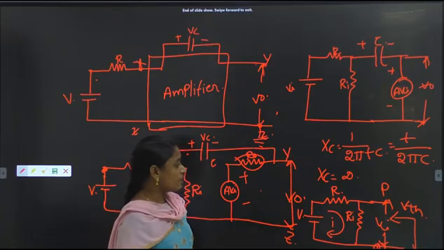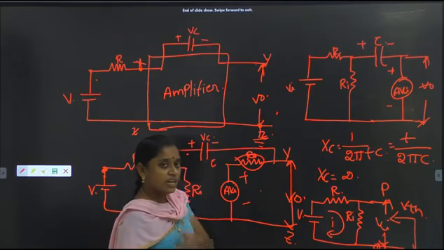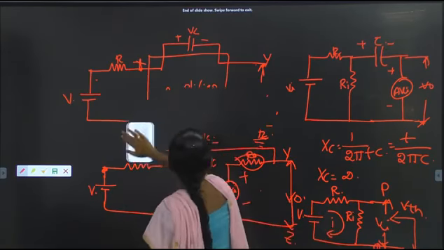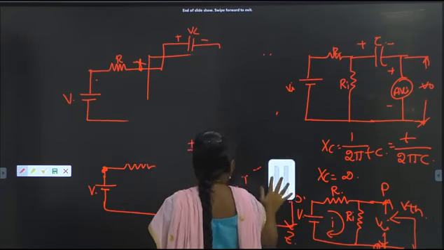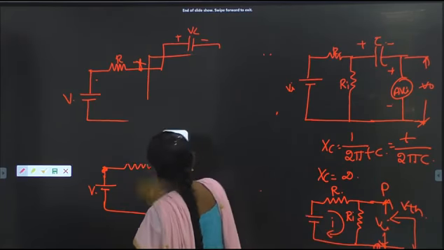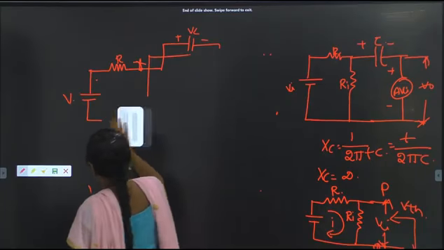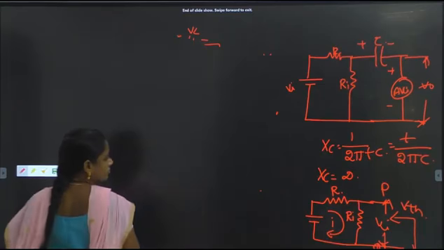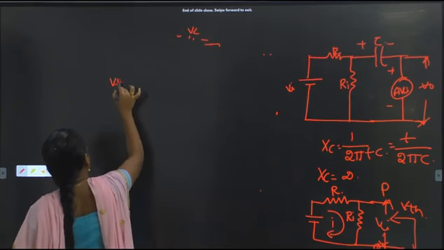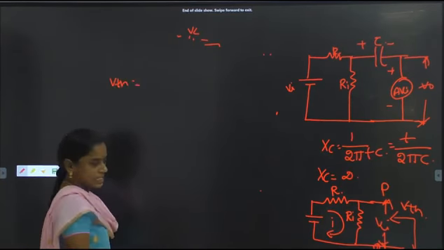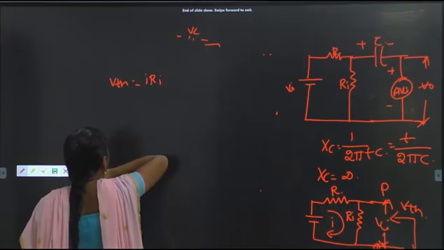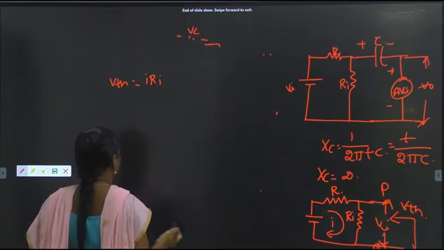As we know, what is meant by V Thevenin, which is Vi? What is the Vi? It is I into R, where R is equal to Ri. We have to take R is equal to Ri. So V Thevenin is taken across the resistor Ri, that is I into Ri, and that is Vi, which is equal to I into Ri.